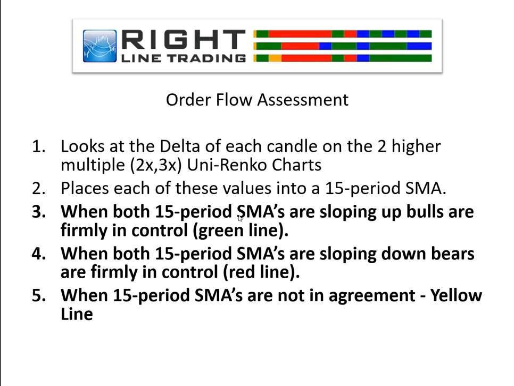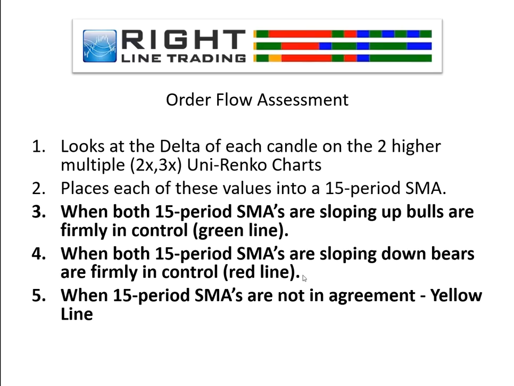And when both 15-period simple moving averages are sloping up, it tells you the bulls are firmly in control, and our order flow assessment line is going to be green. And when both are sloping down, it tells you that the bears are firmly in control, and our order flow assessment line is going to be red. And when both 15-period SMAs are not in agreement, it's going to be yellow.